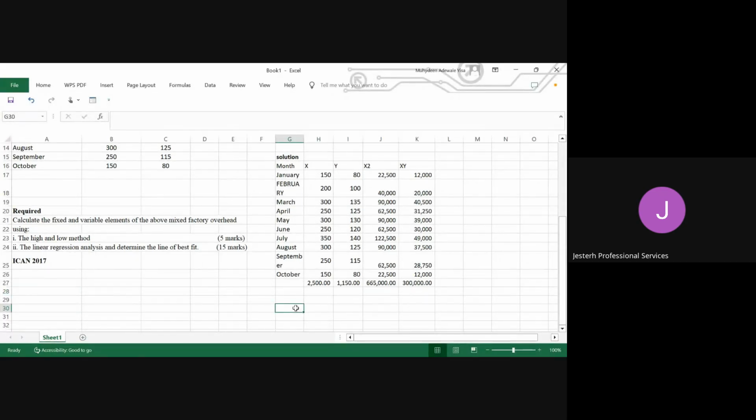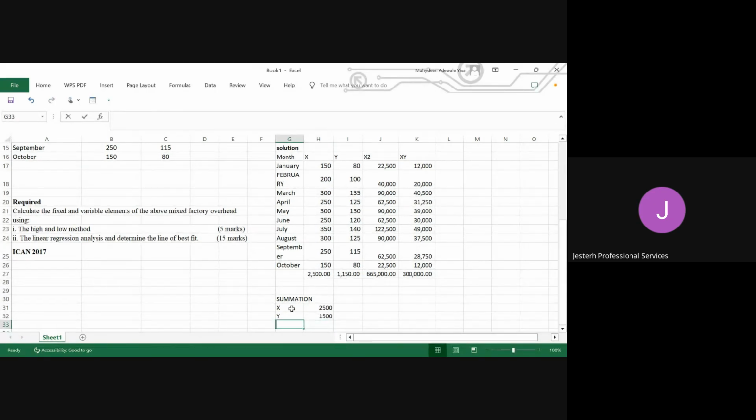The summation of x, okay, let me just put it this way. Summation of x is 2,500. Now the summation of y is 1,500.